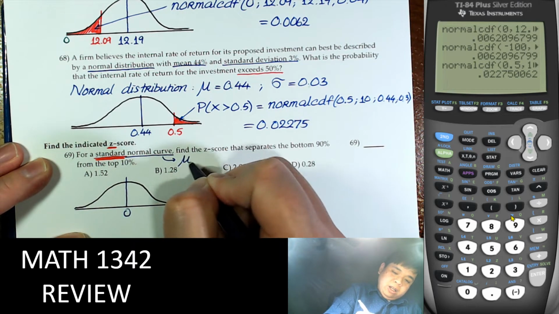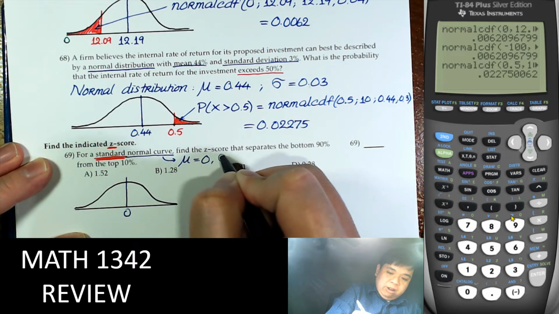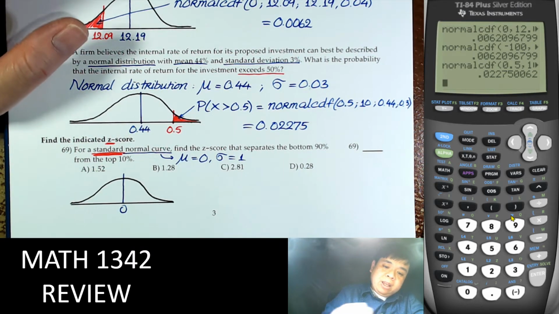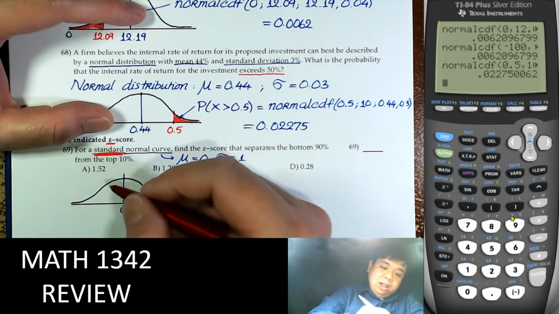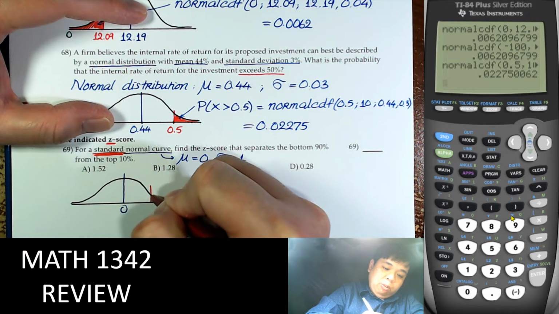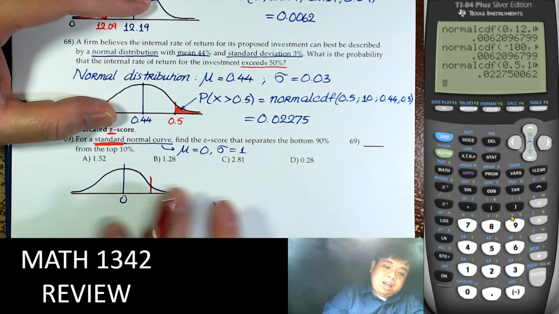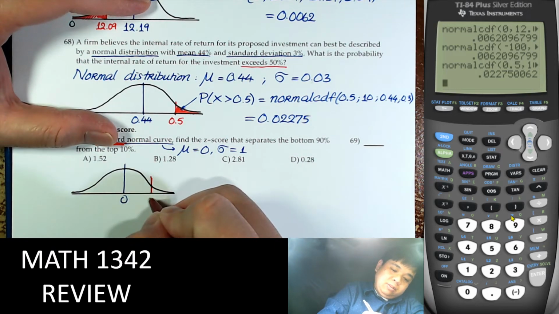The mean is equal to 0, standard deviation is 1. And we want the break that separates the bottom 90% and the top 10%. So we also find these z-values.